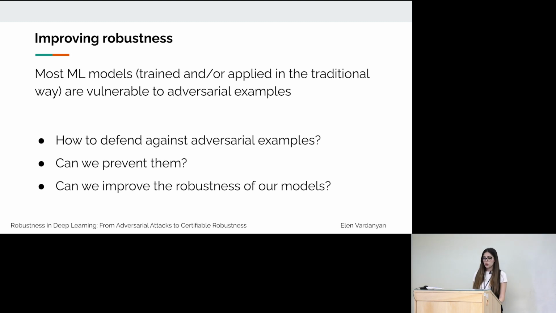Even though most machine learning models are vulnerable to adversarial examples, we want to be able to defend against them. We want to prevent them beforehand, and in general improve the robustness of our model.